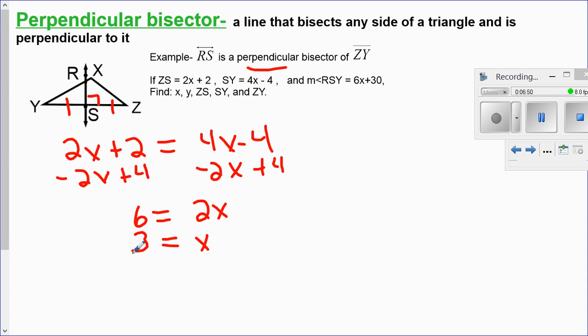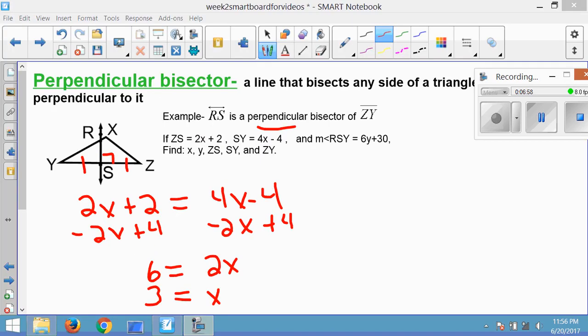Well, let's read the part that discusses y. Okay, so we're looking at the part that talks about the y, the measure of angle RSY. So I'm looking at that one there.